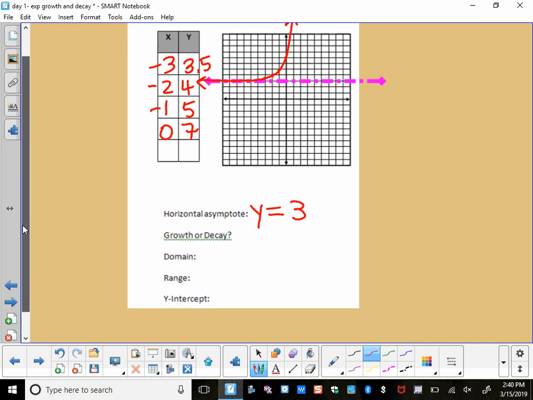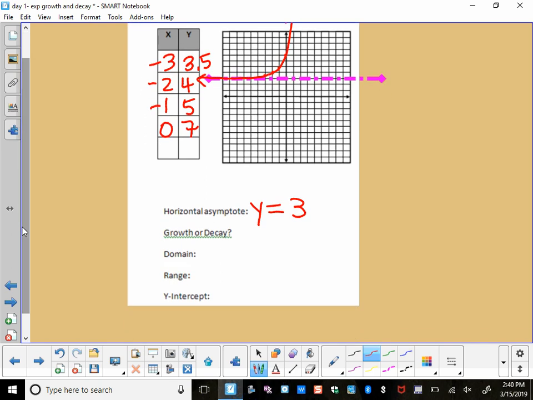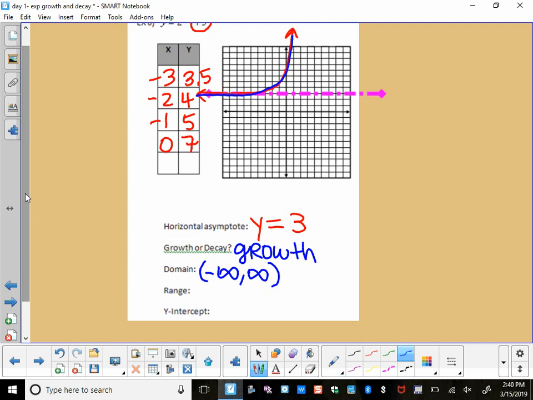All right, that's what your graph should look like. I said do this on your own, but now that we're almost done, someone give me some answers. Is this a growth or decay? How do we know? We're going away from my asymptote, so we are growing. My domain, my range, well, kinda. Oh yeah, you're right.